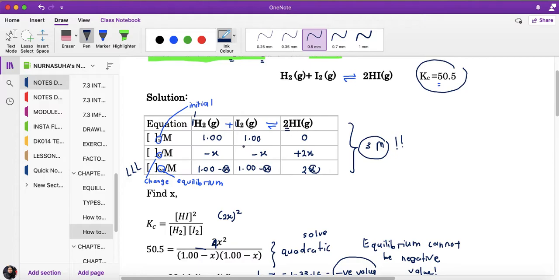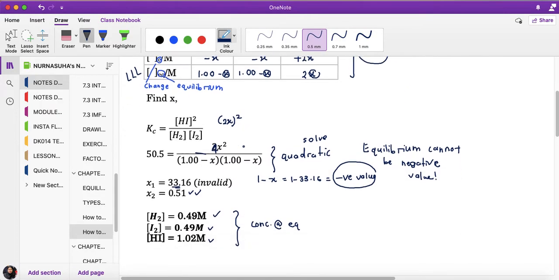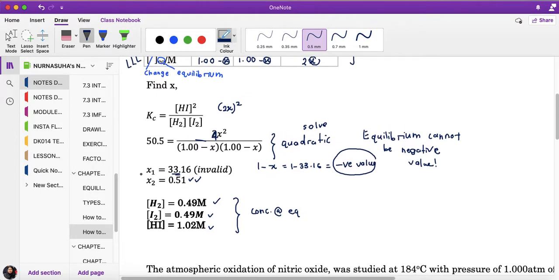Maksudnya, kalau awak buat calculation panjang-panjang tu tak ada. Markahnya pada bila awak buat X1 apa, X2 apa. Okay, pilih salah satu yang mana yang invalid. So, macam mana kita nak tahu dia invalid? Tengok bila awak tolak tu, kalau dia dapat negative value, maksudnya di X tu adalah invalid value.